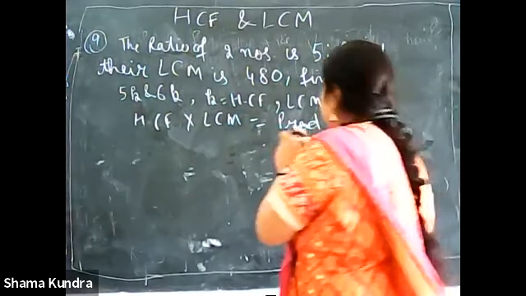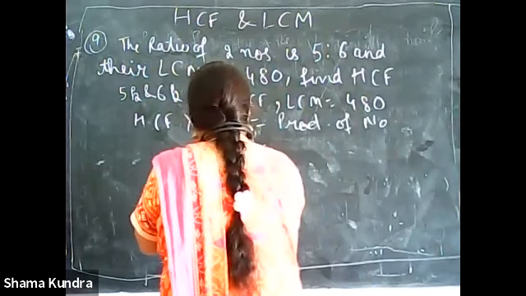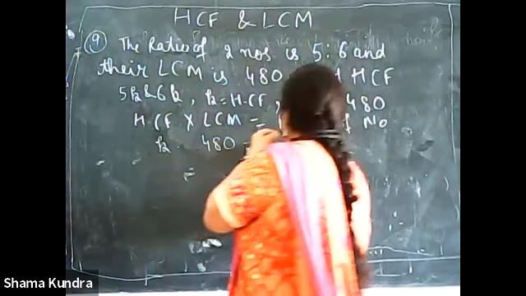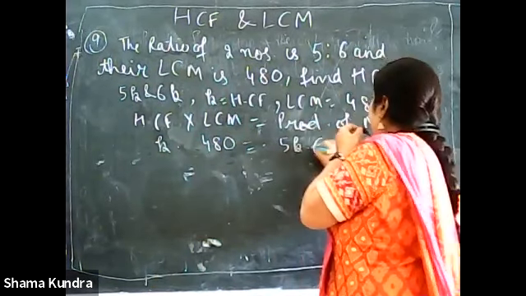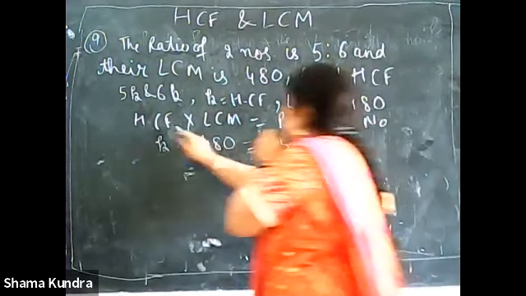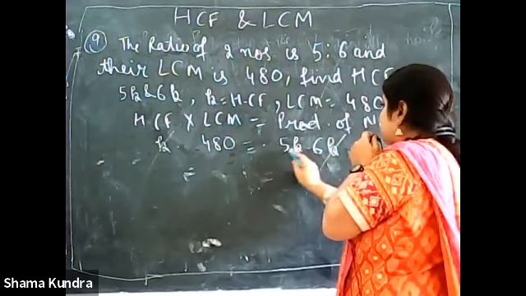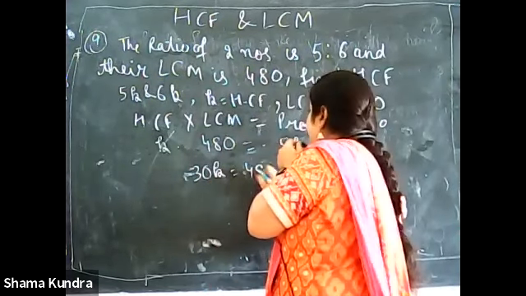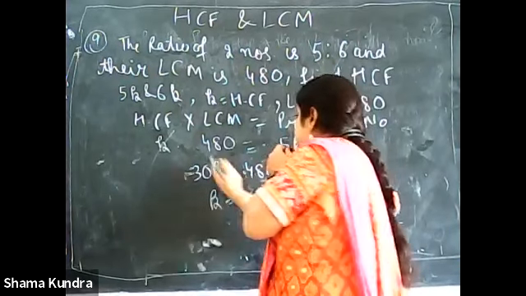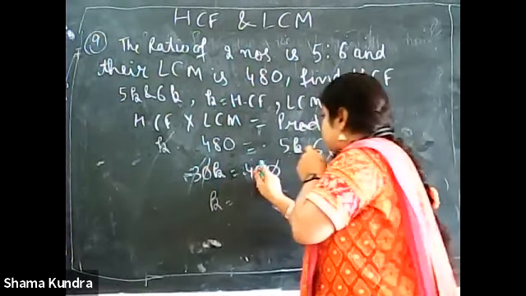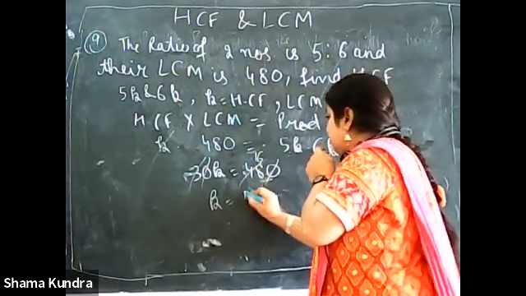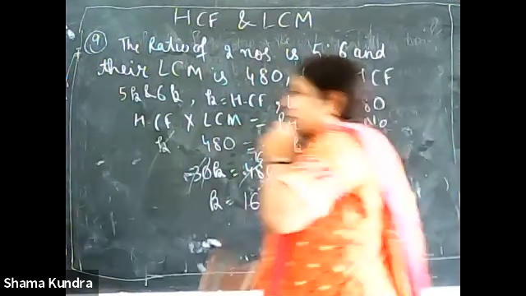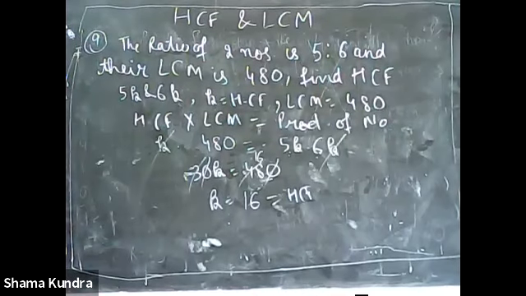So HCF is k, LCM is 480, and the product of the numbers is 5k into 6k. k will cancel out with k, and you will get 5 into 6, 30. 30k equals 480. So the 0 cancels out with 0, 16 into 3 is 48. So k is 16. So HCF is 16, and we had to find the HCF.